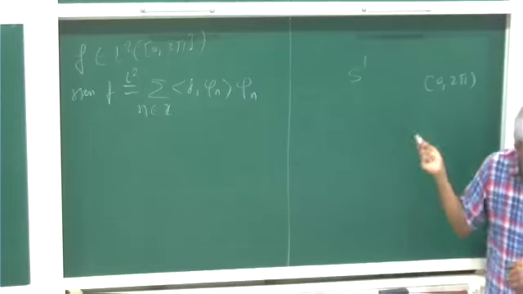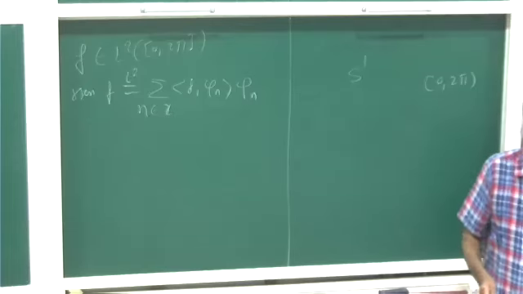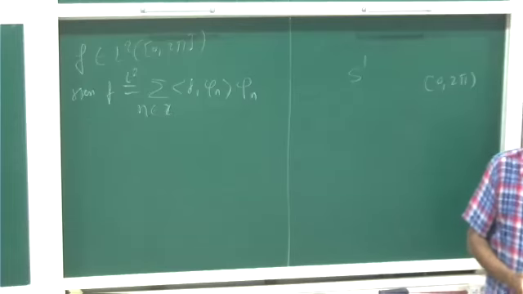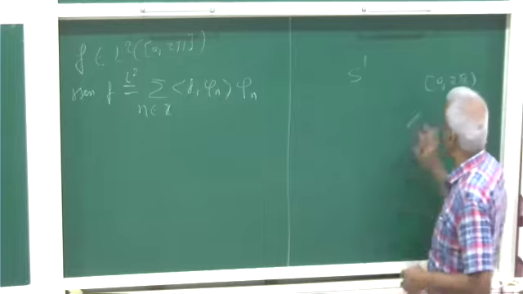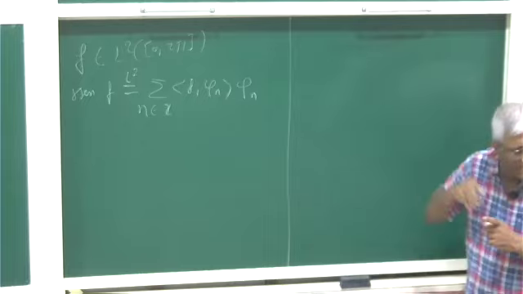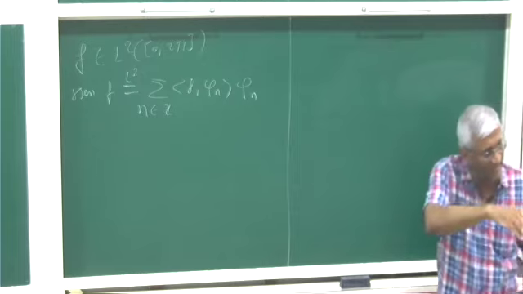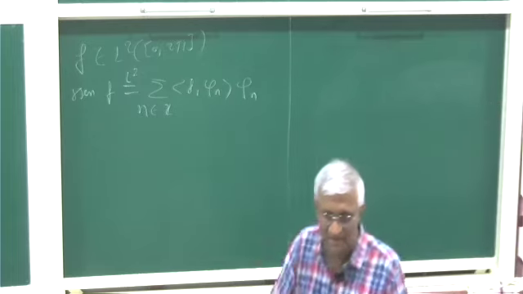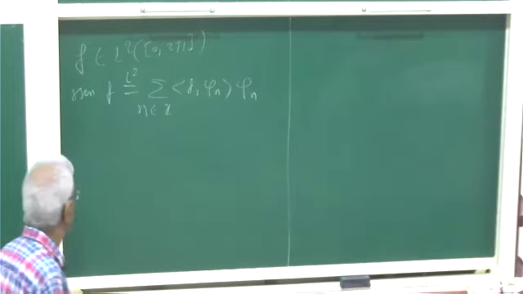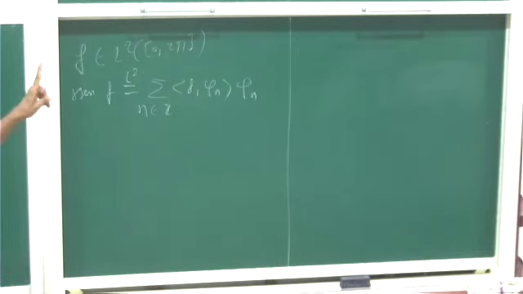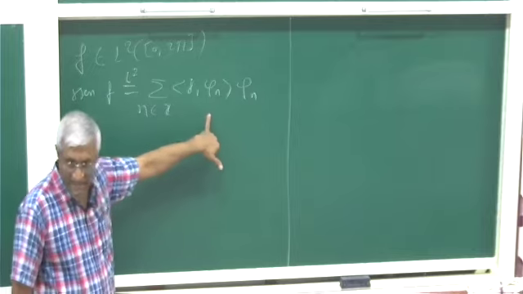Anyway, that is just an example I gave later. For us, this is the definition: L2 is just the completion of that. Then any f can be written like this.